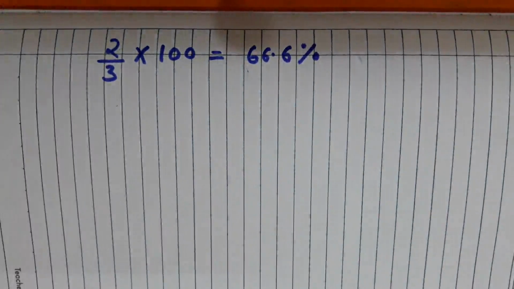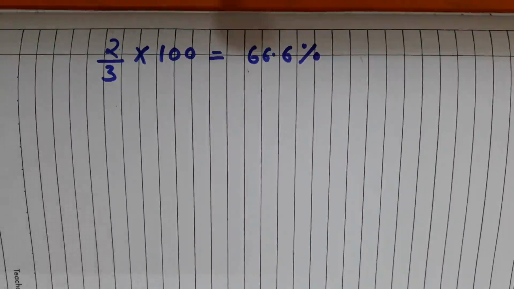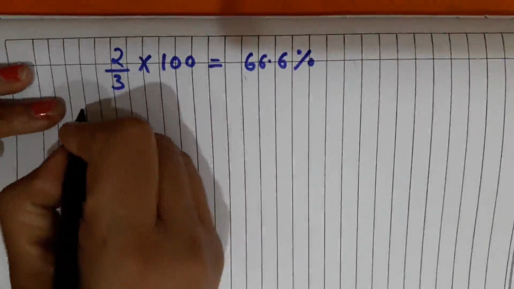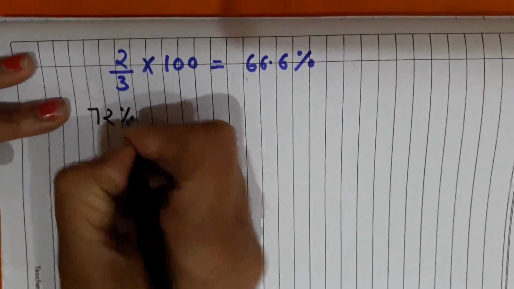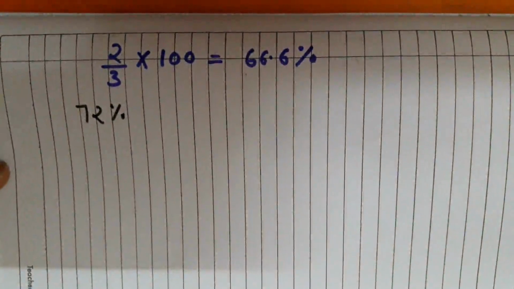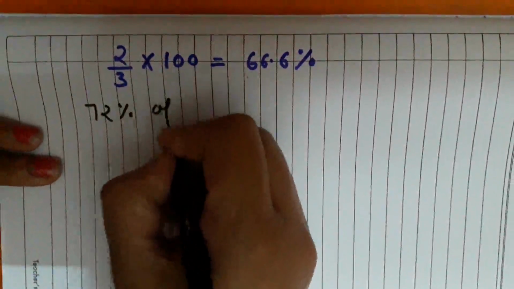Now let's talk about one example here. Our school is going for a tour. We are saying that 72% of students are going on that tour, out of 25.